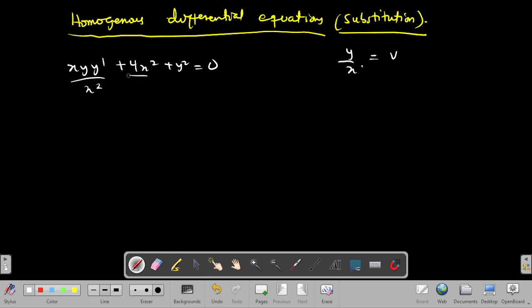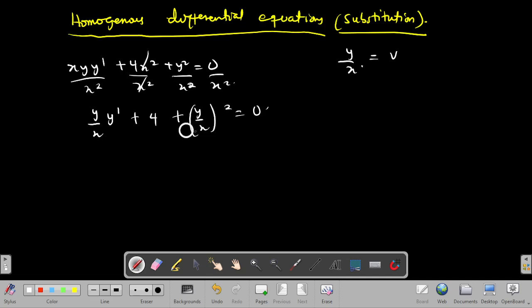This x cancels one of this x, so I'll be left with what? Y over x, y prime. Okay, plus this cancels this at all. I'll get 4 plus y over x all squared equals 0.